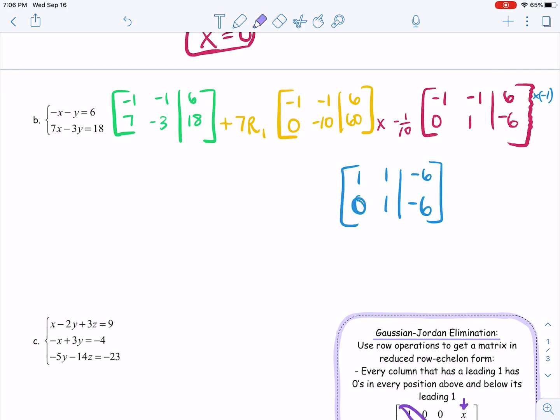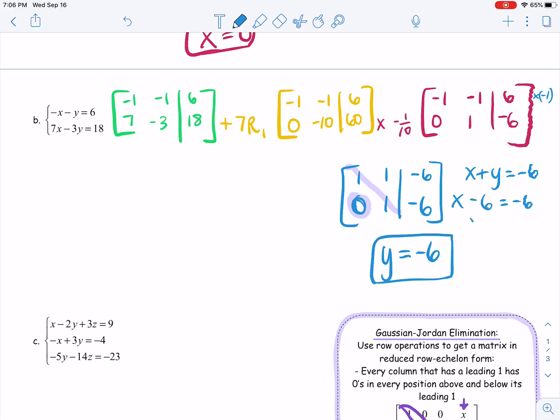I have 1s along the diagonal, and I have a 0 underneath. So this tells me that y is equal to -6. And the first equation is x plus y equals -6, but y is -6. So that means x is 0.